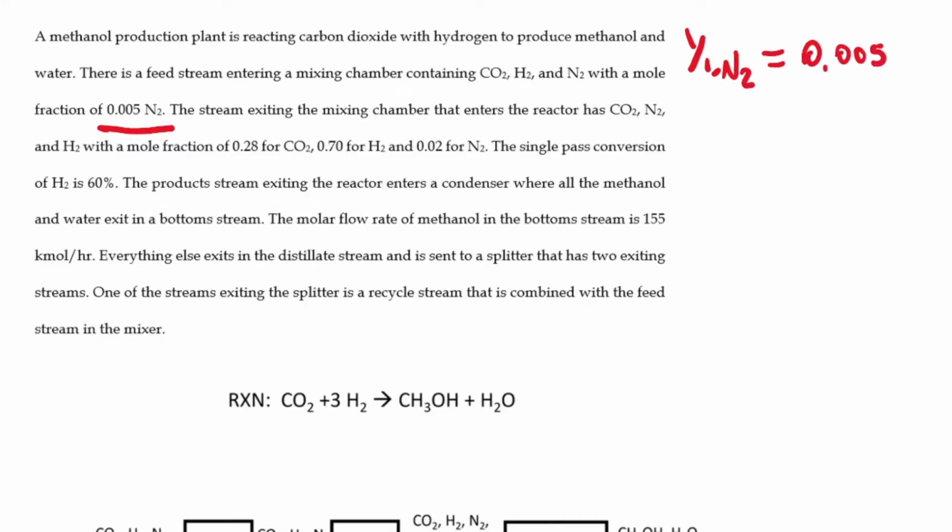0.005. The stream exiting the mixing chamber that enters the reactor has CO2, N2, and H2 with a mole fraction of 0.28 for CO2, 0.7 for H2, and 0.02 for N2. So we got a lot of good information. We're going to assume that the stream entering into the reactor is stream 2.